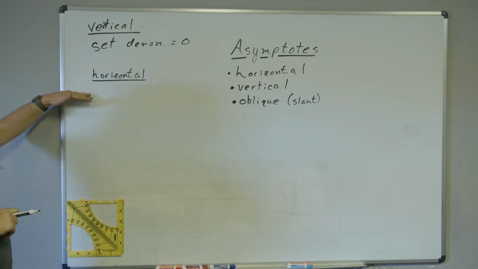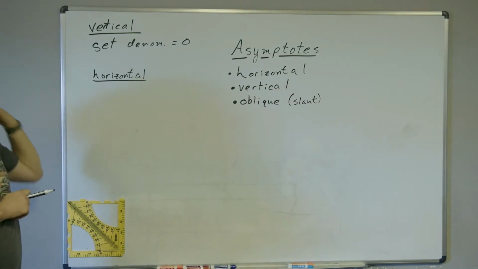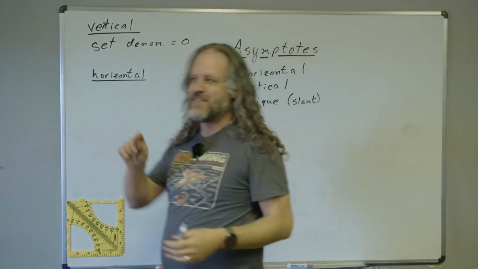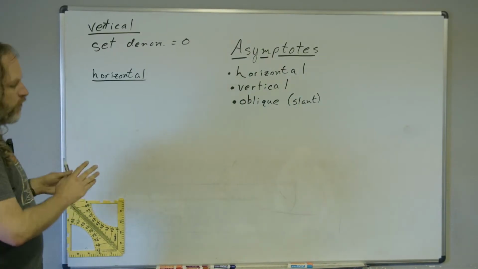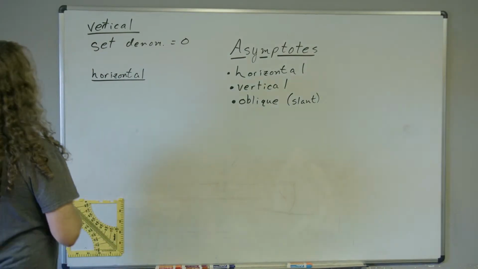It's going to approach the same number. You put in big numbers or small numbers, and if it's getting closer and closer to a number, that's where it is. So for horizontal asymptotes, there are a few checks.